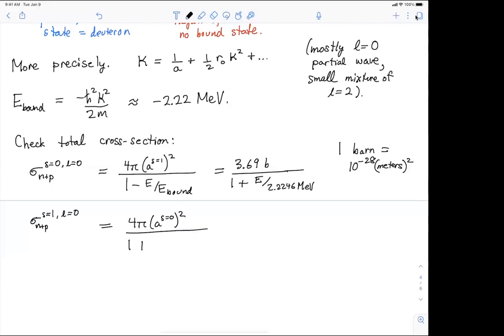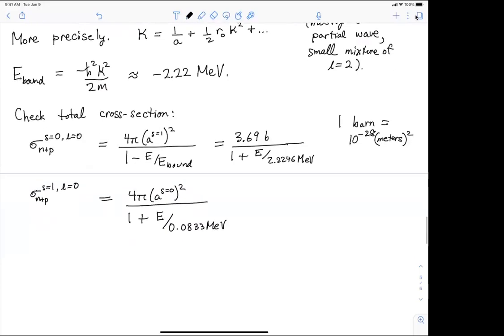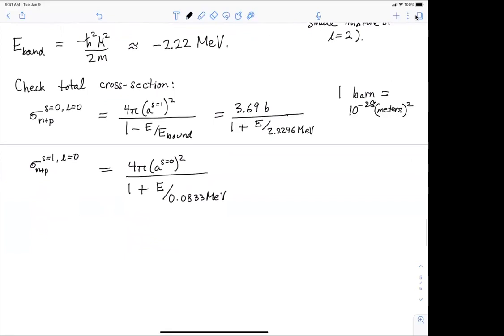And then the denominator turns out to be, you just plug in the numbers, it's E over 0.0833 something something MeV. Okay, and it might look like there's a bound state there, but there is no such bound state. So this is not a bound state.